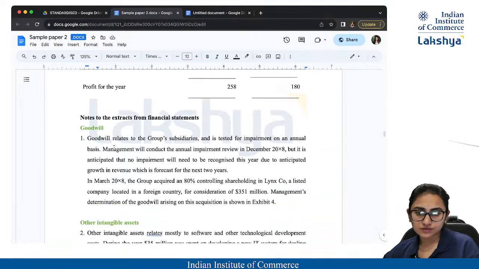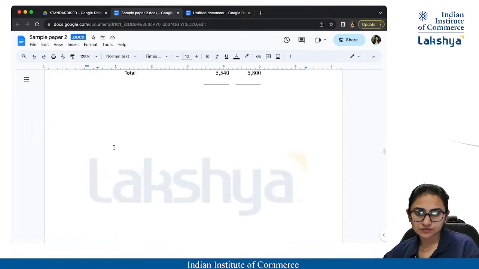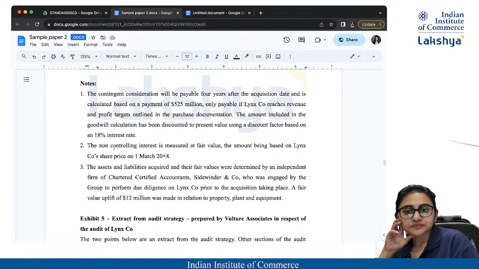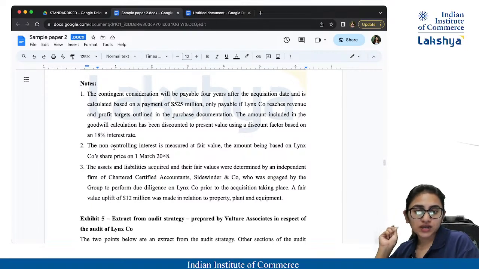The exhibit is this, and the note says the contingent consideration will be payable 4 years after the acquisition date and is calculated based on a payment of $525 million only payable if Links company reaches revenue and profit targets outlined in the purchase documentation. The amount included in the goodwill calculation has been discounted to present value using the discount factor based on an 18% interest rate.